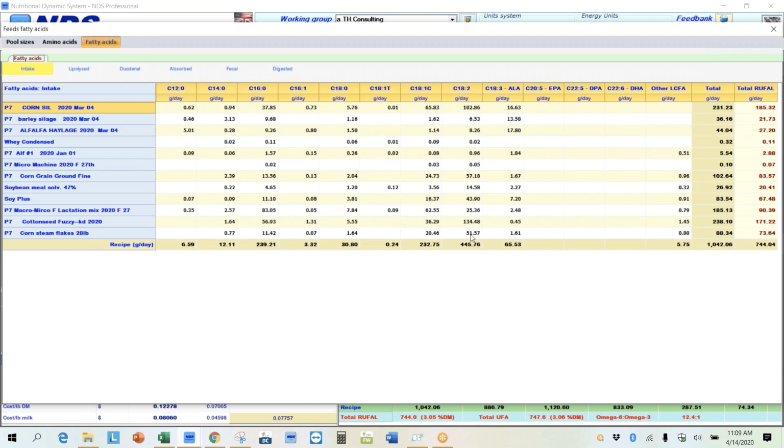Coming down through, I look at cottonseed and flakes, and here's the flakes and here's the corn. Again, it may not be amount, it may be more rates.